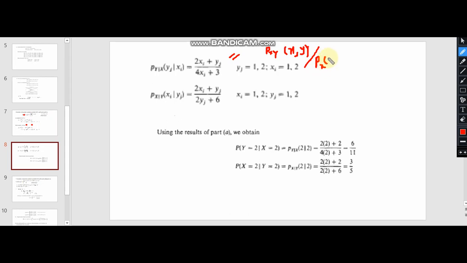So this is equal to the conditional probability of y.